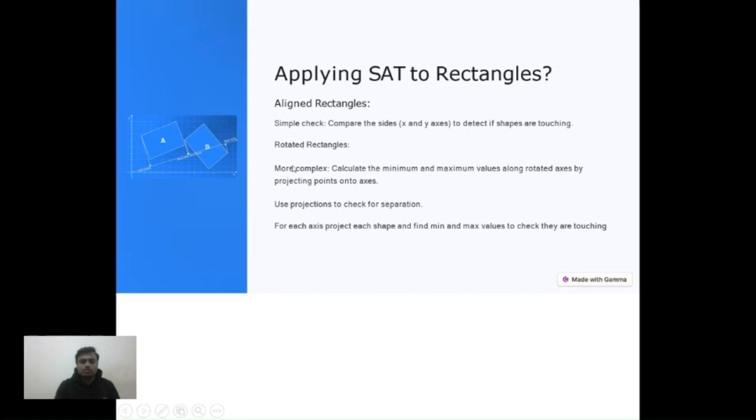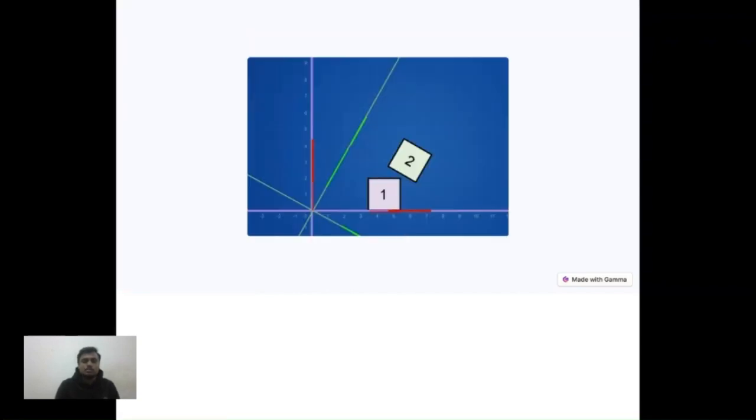In the case of rotated, more complex shapes, we have to calculate the minimum and maximum values along the rotated axis by projecting points onto the axis. We use projection to check separation. We can understand this by looking at this example. Here we have box 1 and box 2 and the projection of box 1 and the projection of box 2. We can see both are overlapping on both the x and y axes.